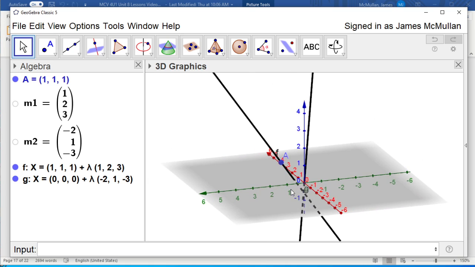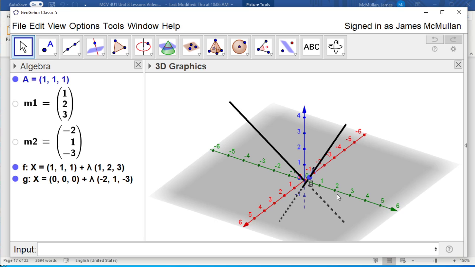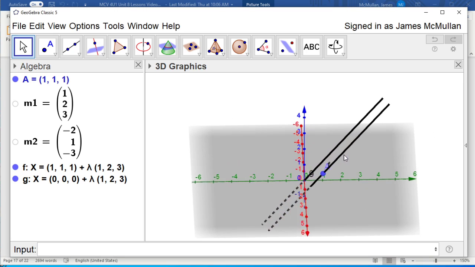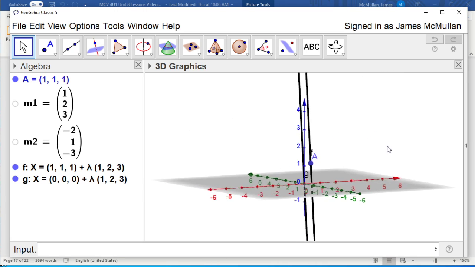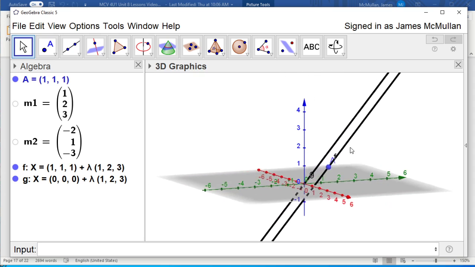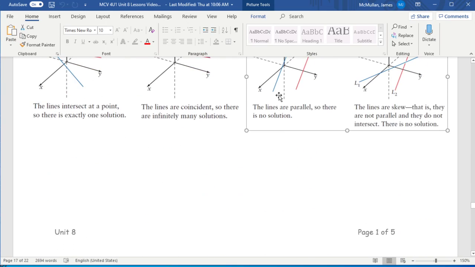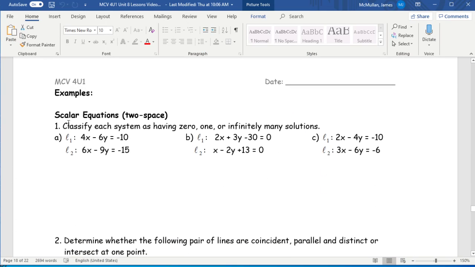So these are an example of skew lines. You could take this second point and give it the direction vector M1, and now you have parallel lines that never meet. And of course, you could just make them the same line. I don't see why we need to look at that one. You can imagine that pretty easily.